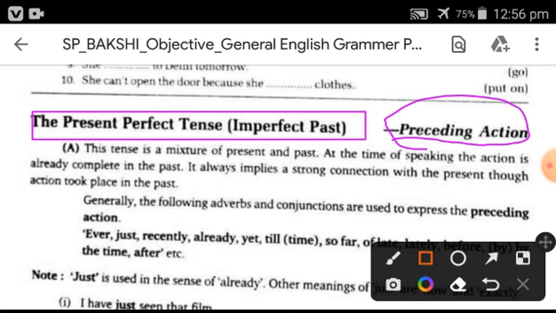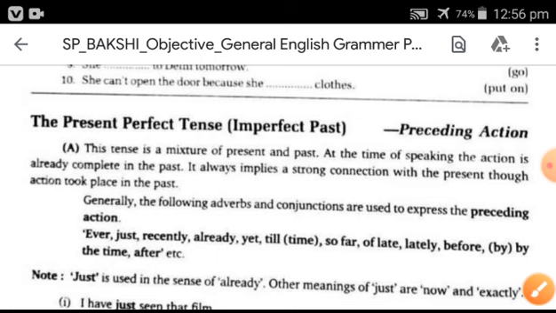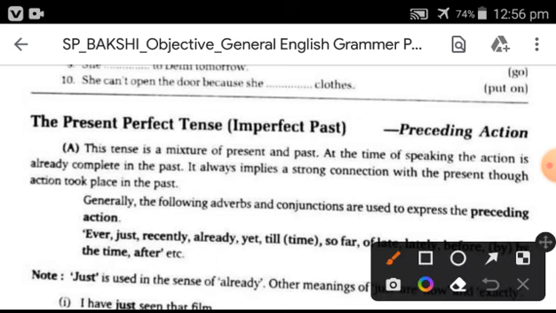This tense is a mixture of present and past, and you can mark only these points.